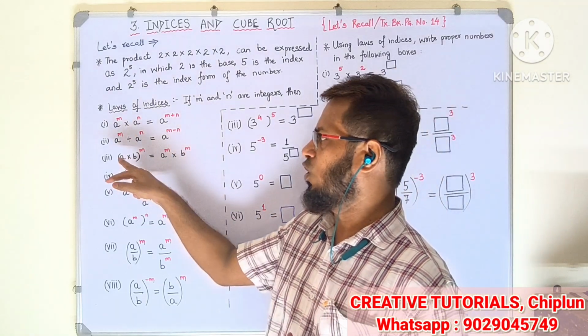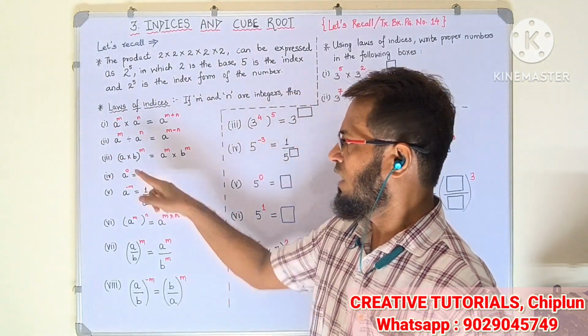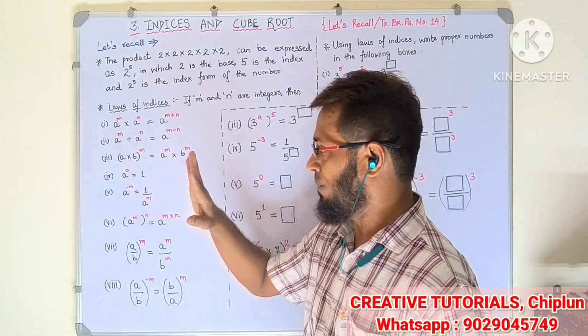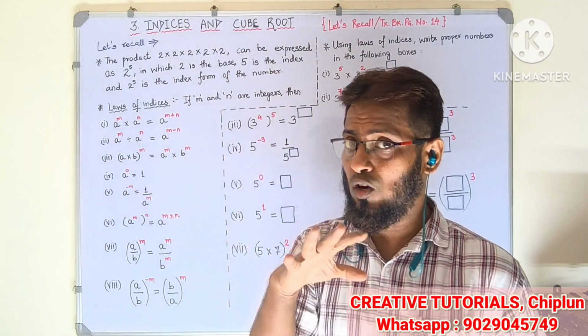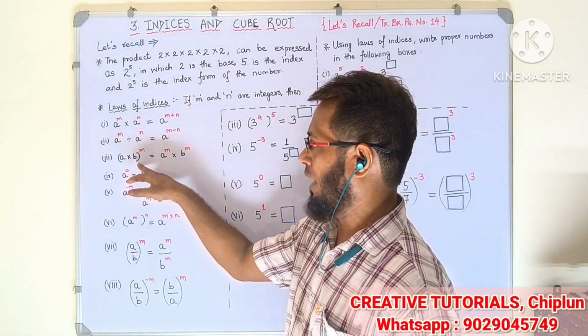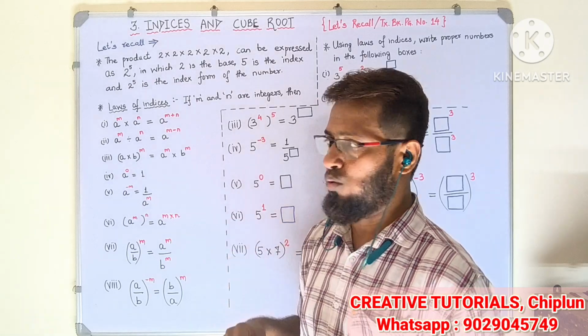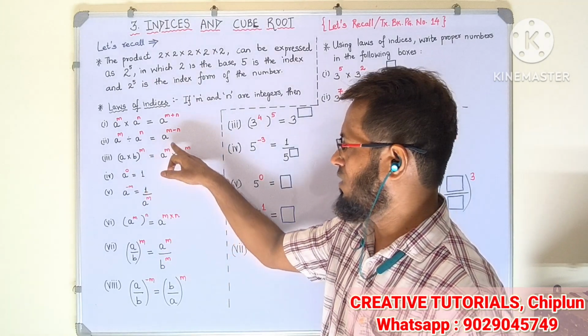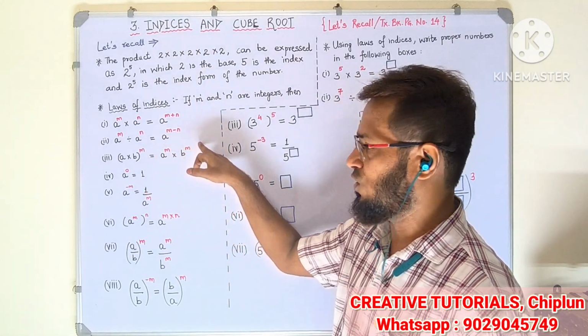Then the third law which we studied was a multiplied by b, the whole raised to m, is equal to a raised to m multiplied by b raised to m.